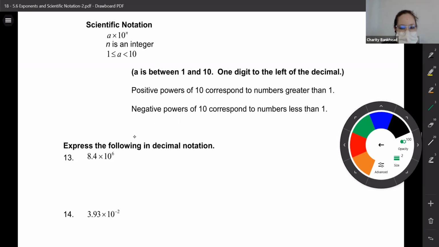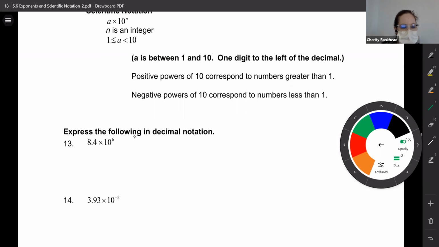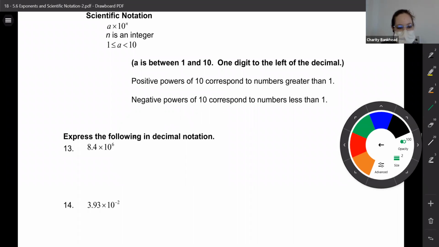Okay, so basically, like on number 13, it's expressed in scientific notation. It says 8.4 times 10 to the 6th power. And you want to express that in decimal notation. So like basically normal notation. So what you're going to do is move that decimal point 6 times to the right.